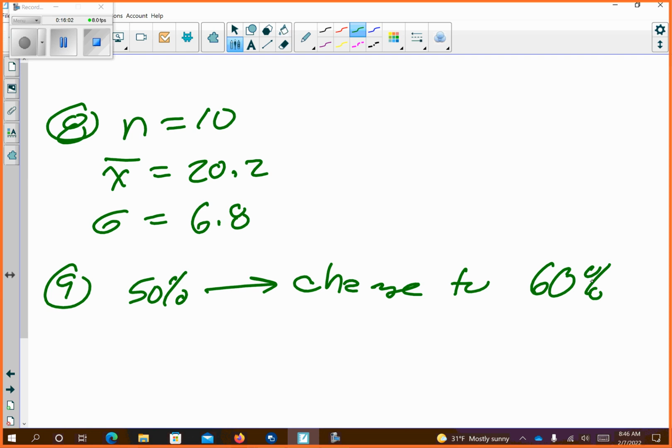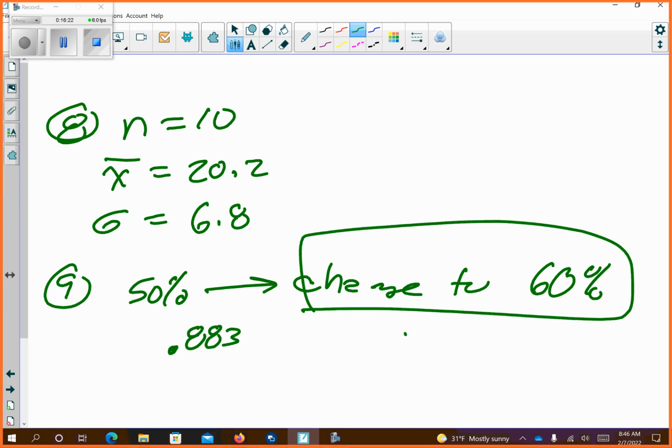If I wanted to create a 60% interval in this case, degrees of freedom would be 9, so you're looking at 0.883.